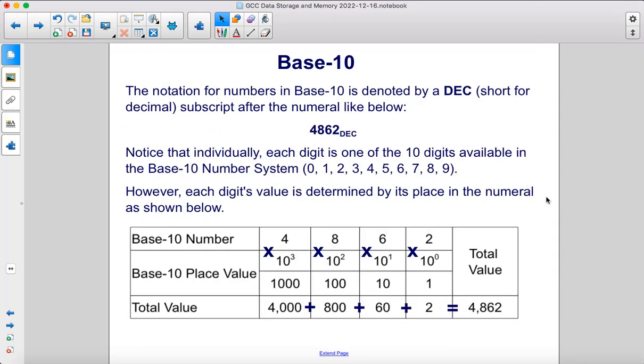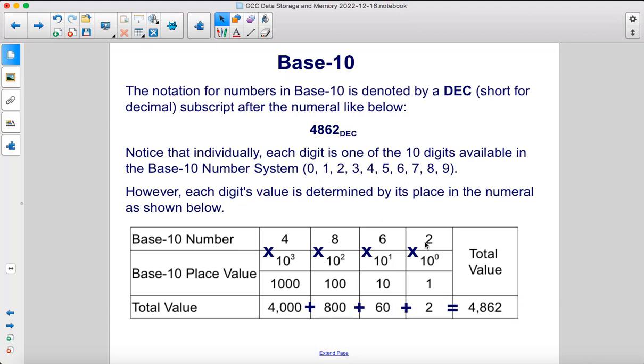The notation for numbers in base 10 is denoted by a capital DEC, short for decimal, subscript after the numeral, like here. Notice that individually, each digit is one of the 10 digits available in the base 10 number system. However, each digit's value is determined by its place in the numeral, as shown below.